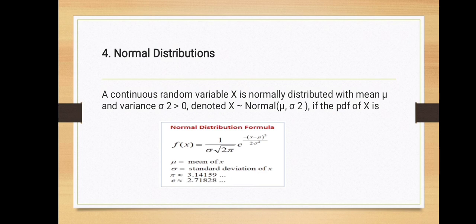The z value can be calculated by the following formula: z equals x minus the mean, divided by the standard deviation.